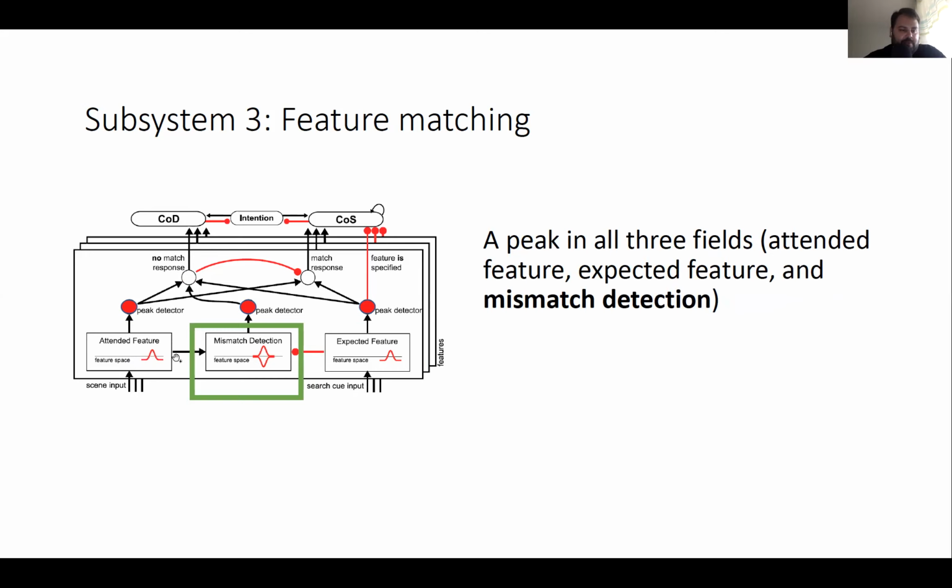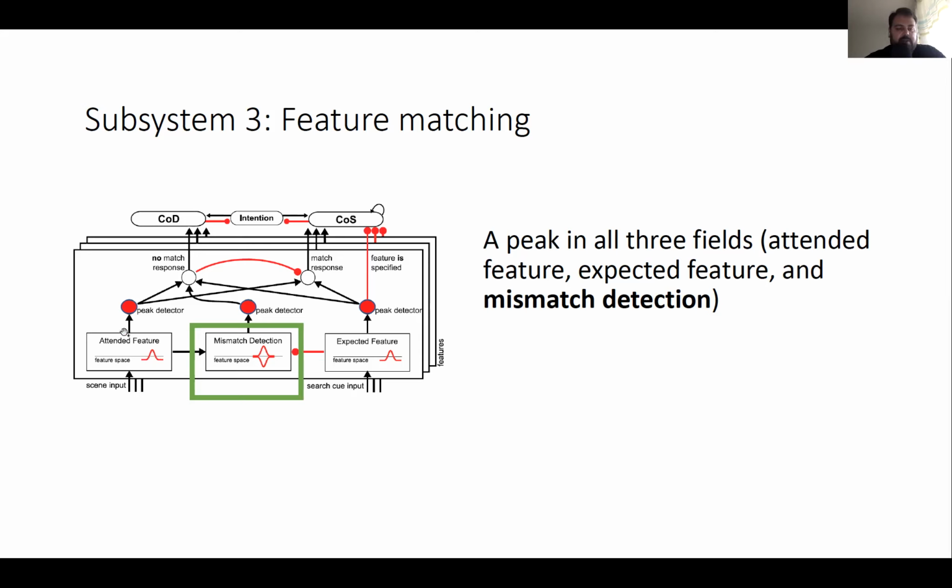The attended feature has an excitatory input to this mismatch detection field, and the expected feature has an inhibitory input, meaning that in this field a peak will only form when they are different, signaling a mismatch.